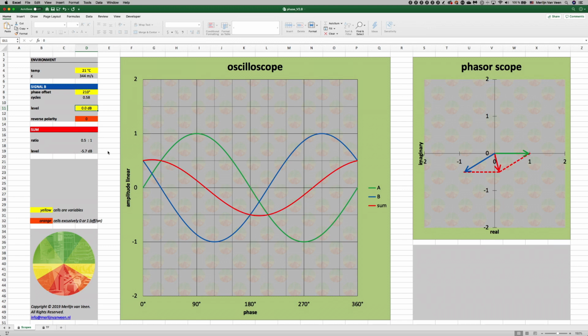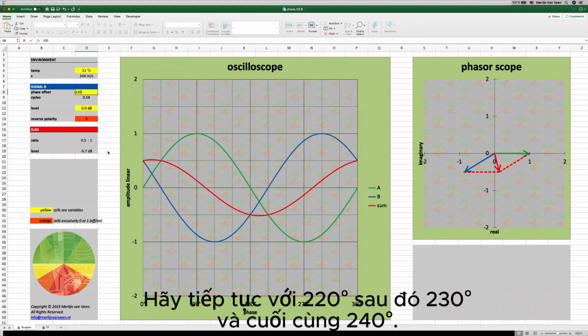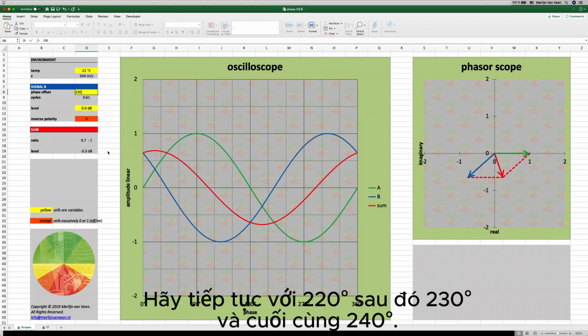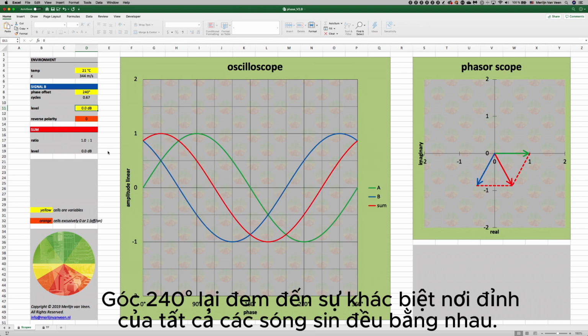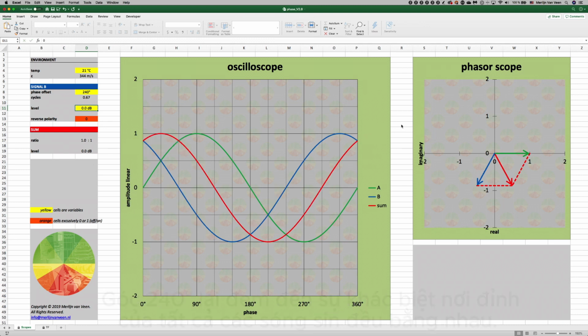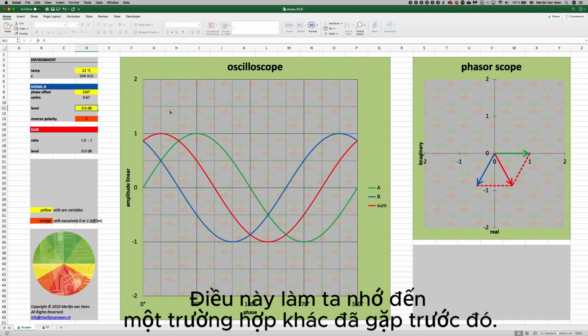Okay, so let's continue to 220, and then to 230, and then ultimately we're going to stop at 240. Again, 240 brings us to that special place where the peaks of all sine waves are the same, which reminds me of another instance where we saw this.